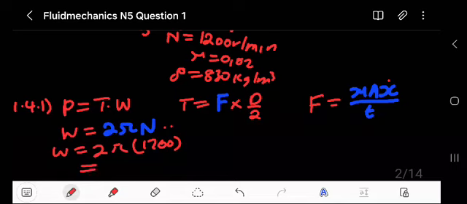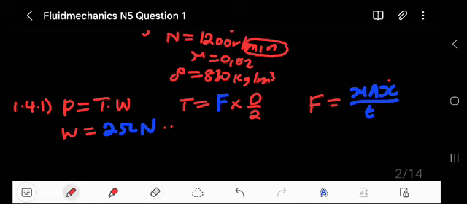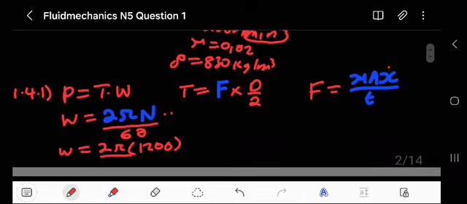Then punch the calculator there. But now it is in revolutions per minute. Okay, then we're supposed to divide this by 60. Oh, be careful, isn't it? Divide this by 60, because you can see there will be 2 pi into 120, divided by 60.